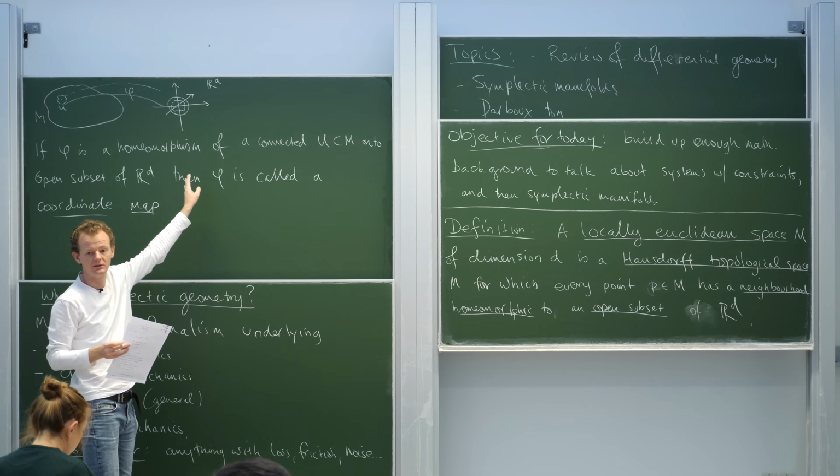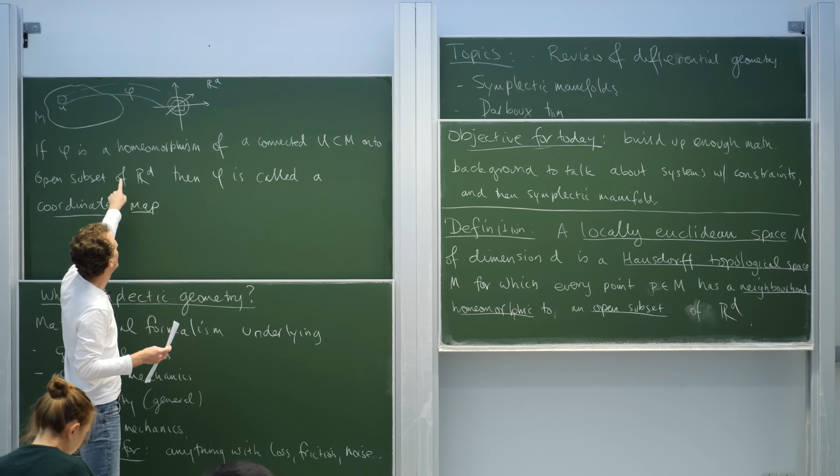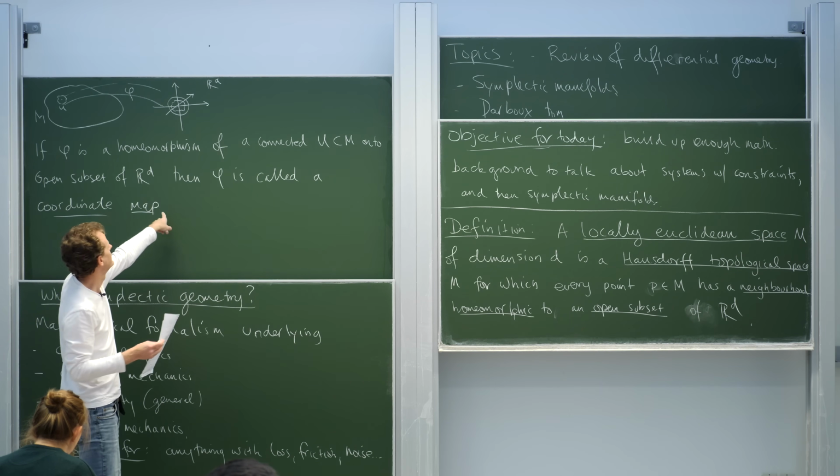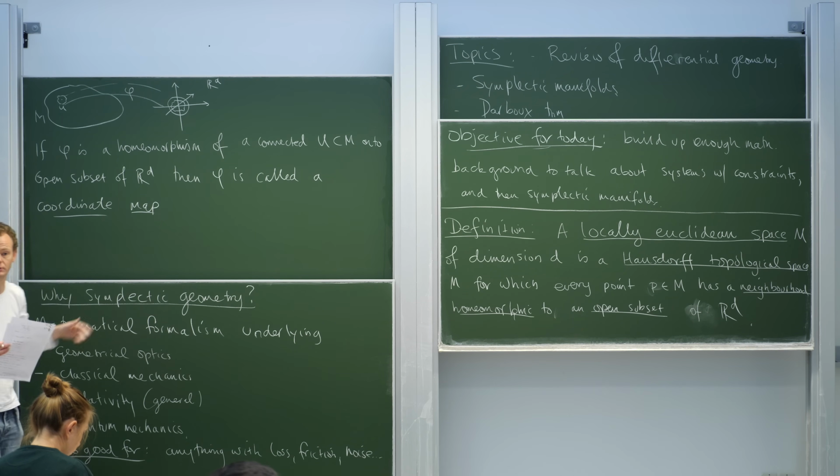It's a continuous map with a continuous inverse, and it's called a coordinate map. So that's what we call these things.